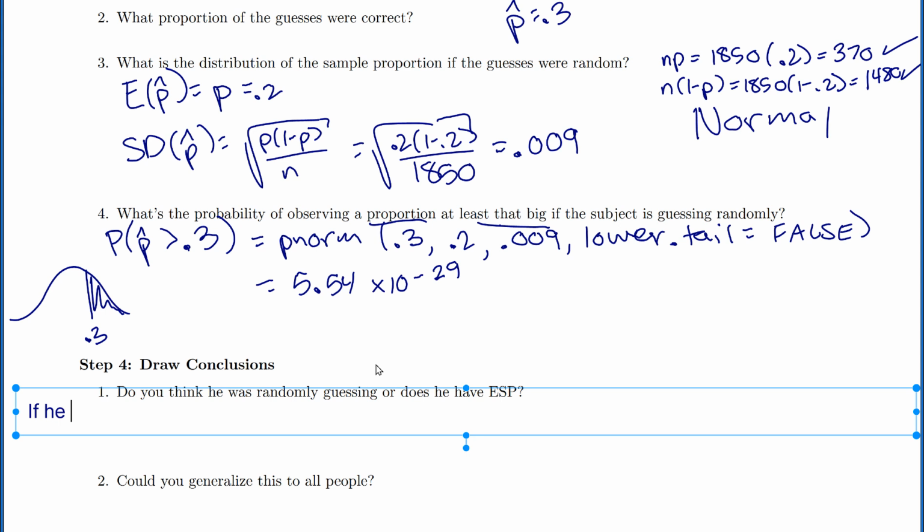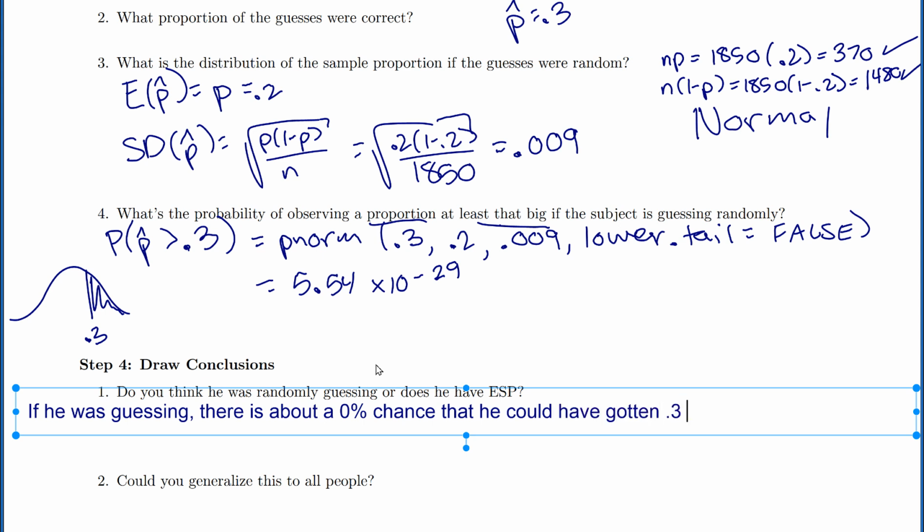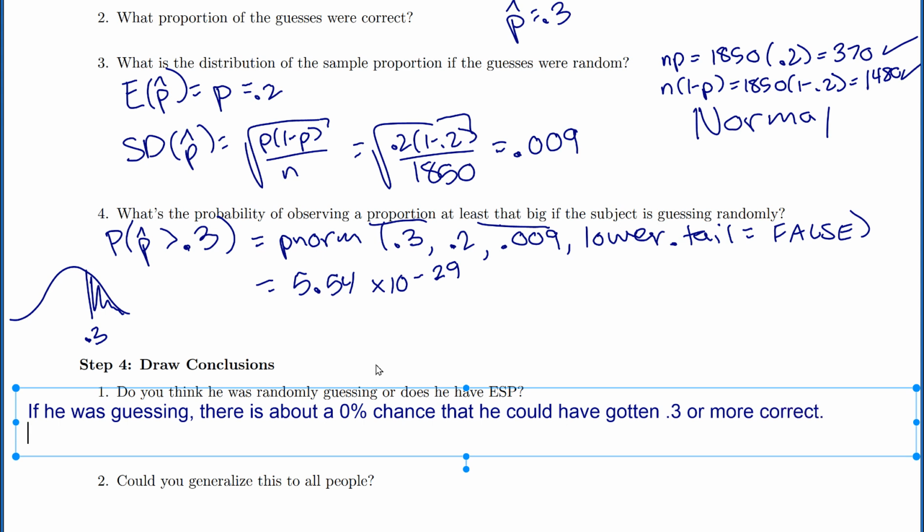If he was guessing, there is about a 0% chance that he could have gotten 0.3 or more correct. This sounds almost impossible. I really don't think he was randomly guessing.